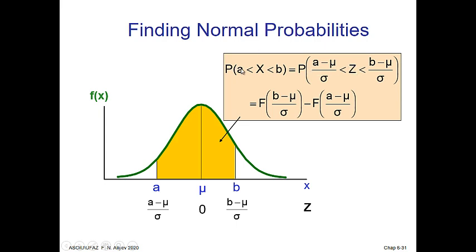For A, if you want to transform to the standardized normal distribution, you should write here A minus mu over sigma, and B minus mu over sigma. And because when you do this operation area doesn't change, as we told before, the probability of x being between A and B equals the probability of z being between these two numbers.